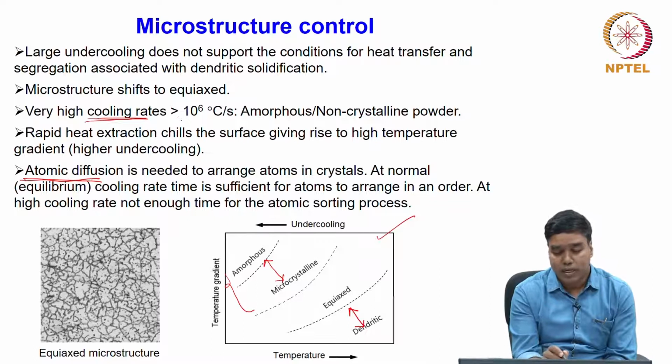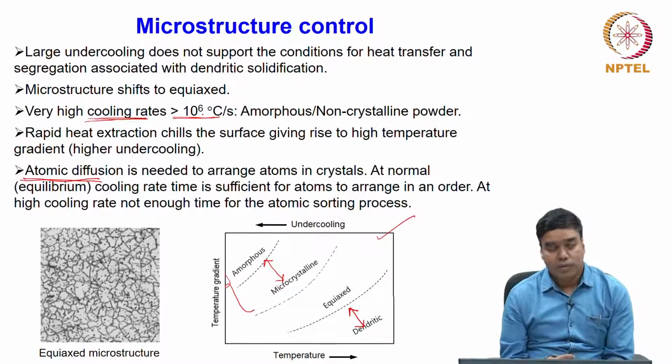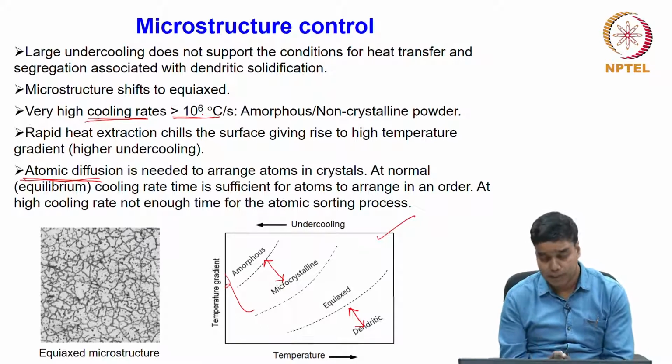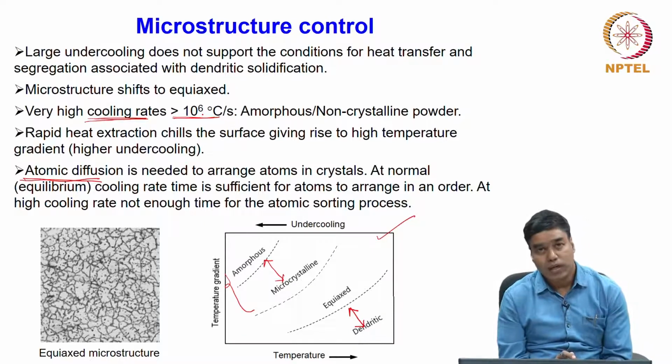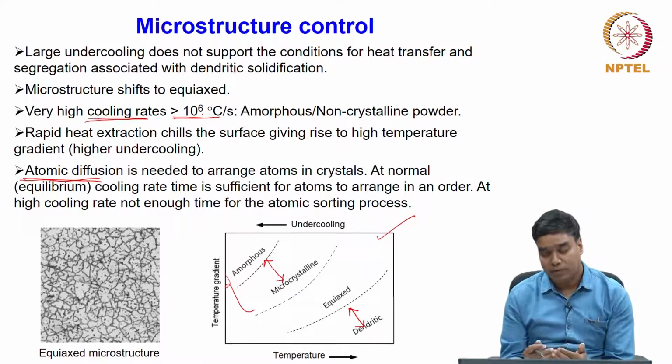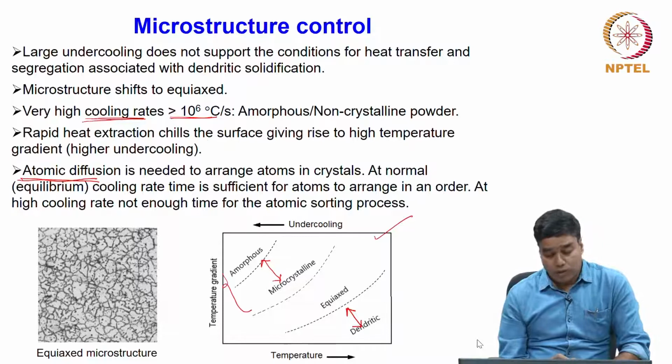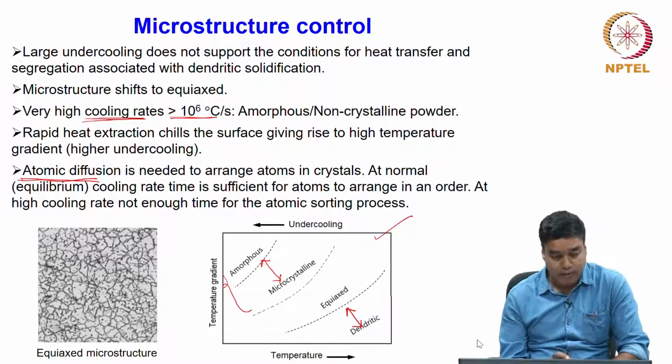So, if you have cooling rate in the range of 10 to the power 6 degree Celsius per second or more, then it is a high enough cooling rate to prevent that atomic arrangement, right. And the solid which will form under this kind of high cooling rate conditions will be amorphous or glassy in nature. Okay. Right.